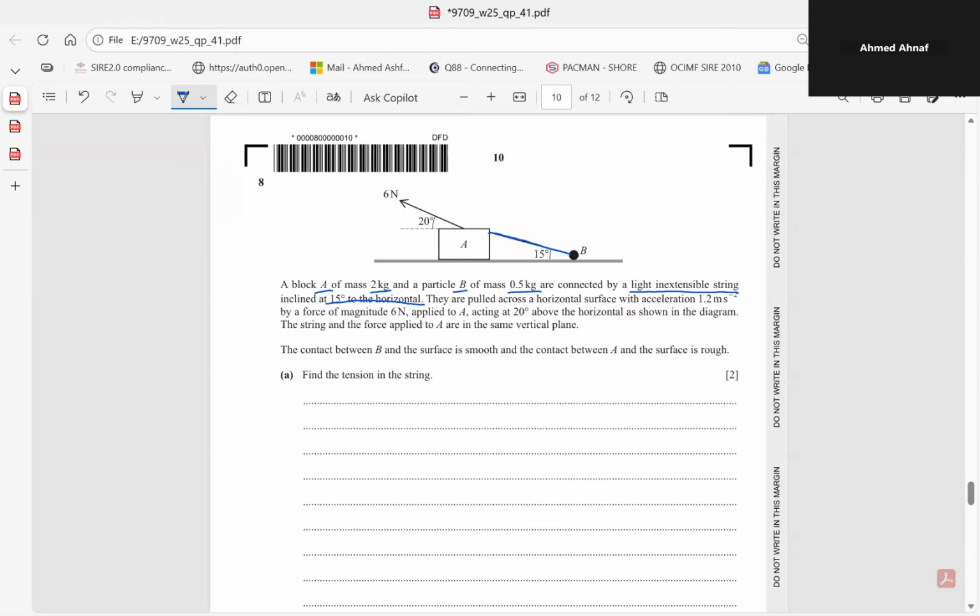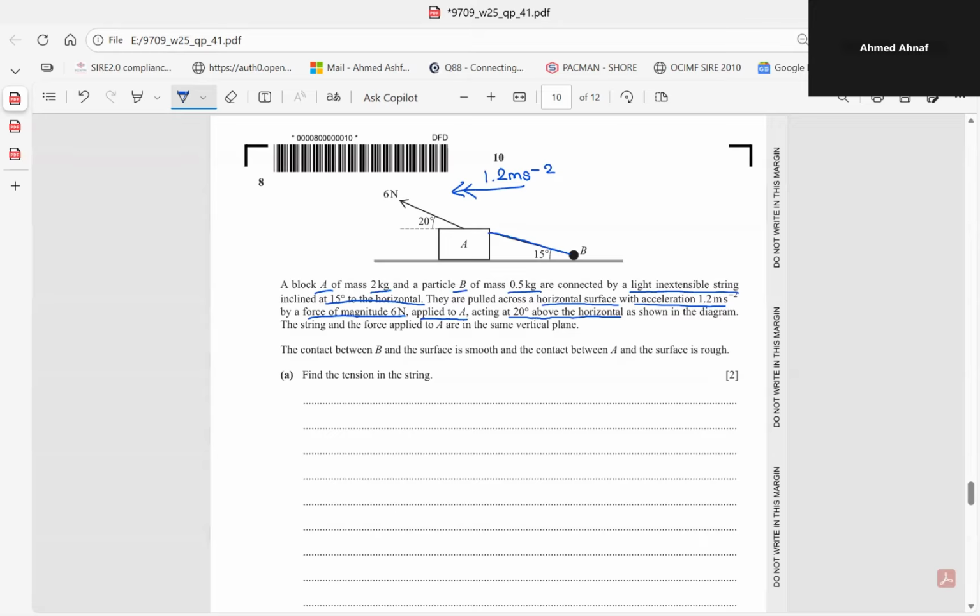They are pulled across a horizontal surface with acceleration 1.2 meters per second squared by a force of magnitude 6 newtons, applied to A, acting at 20 degrees above the horizontal, as shown in the diagram.